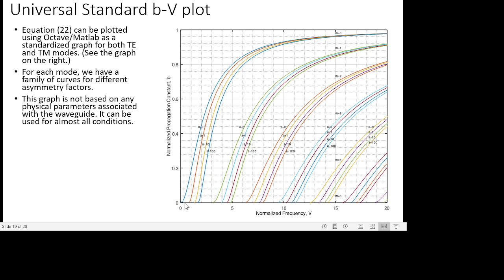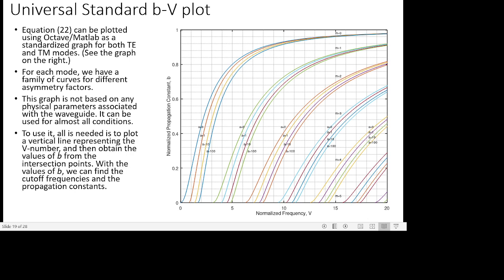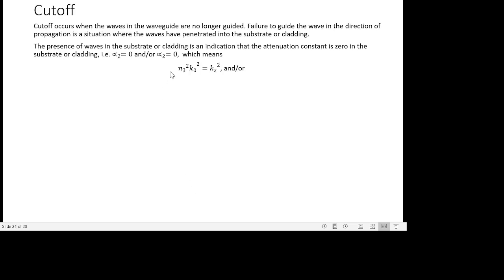So what we're going to do is to find the crossover point in the horizontal axis, and from there we find the cutoff wave number, cutoff wavelength. So cutoff starts to occur when alpha is 0 and then positive. So the starting point is alpha 2 equal to 0.